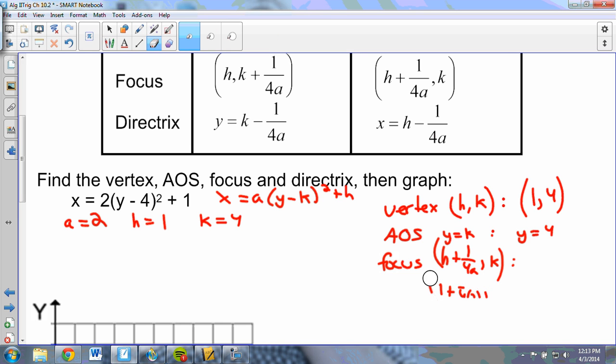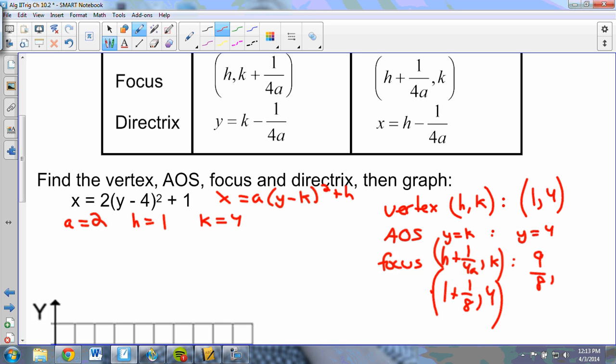I'm going to go 1 plus 1 over 8. That's really the point 9/8, comma 4. Do a little calculation. Plug a in, calculate it. It's 9/8, comma 4. I'll pause there because the focus is new. Is there a question about how I did that?